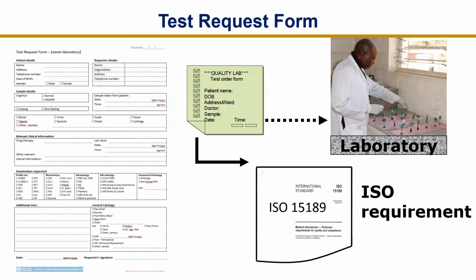The request form is probably one of the very important forms that we have in our lab. And it is so because the information that you need to interpret the result, to report the result, is going to be included in that form.